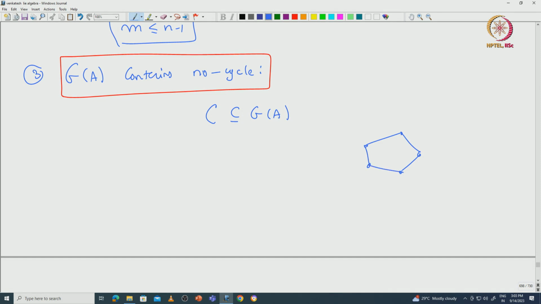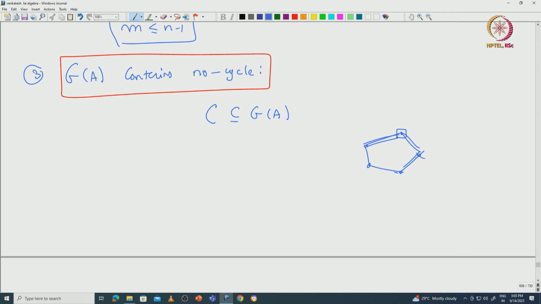Again note that there could be multiple edges between them. What I mean by a cycle is that at least two vertices should be involved, and you start with one vertex, go around, and come back to that vertex from some other vertex.